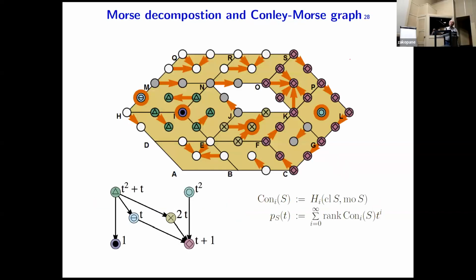And you can do the same in this combinatorial setting. So you can introduce this definition, which looks more or less the same. You can build a Morse-Conley graph. You can prove the Morse inequalities. So the whole theory carries over.